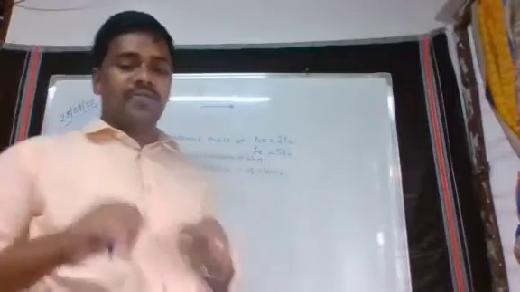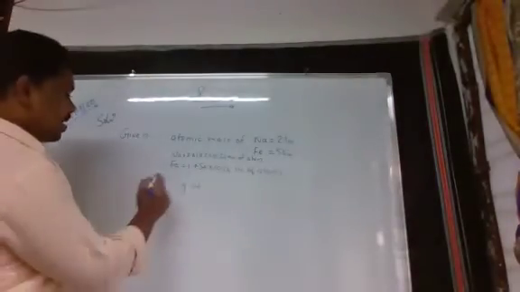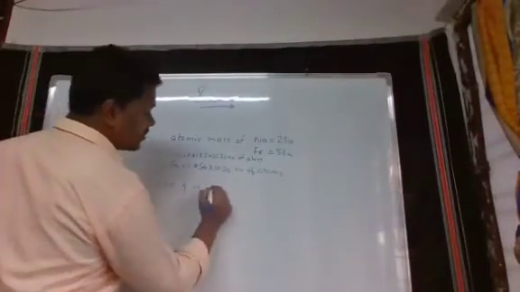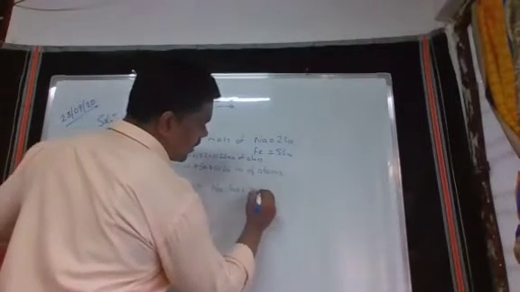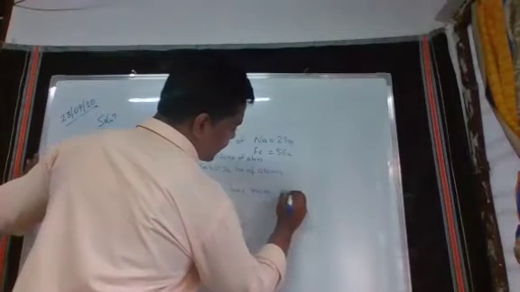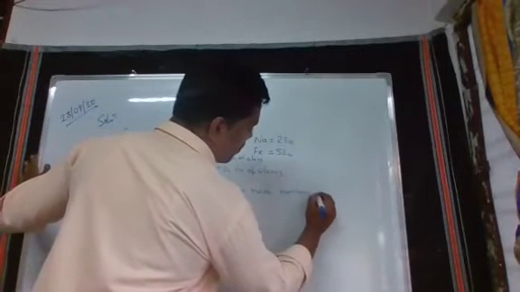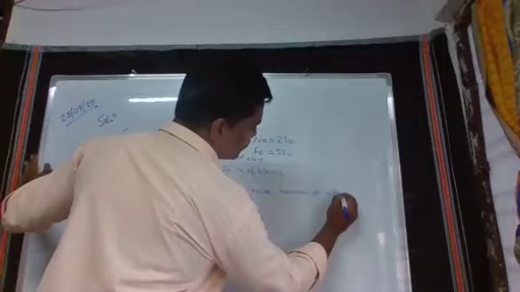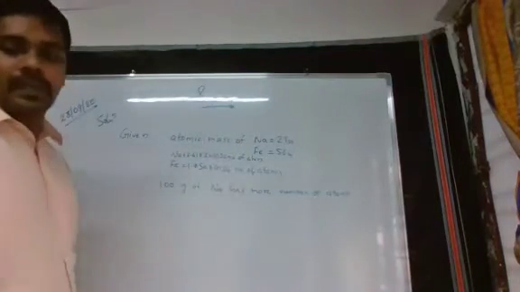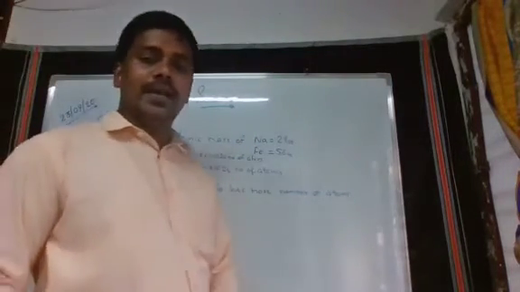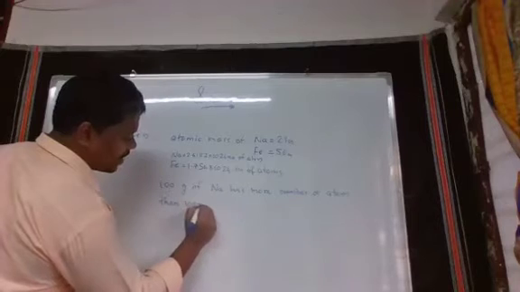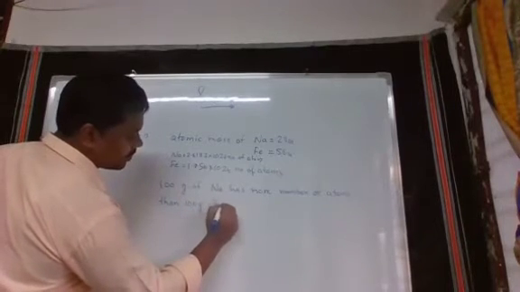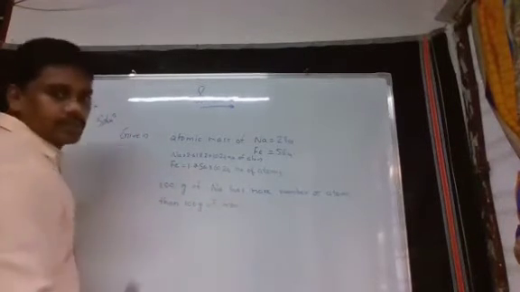So we can say 100 grams of sodium has more number of atoms, then 100 grams of iron. And what's next?